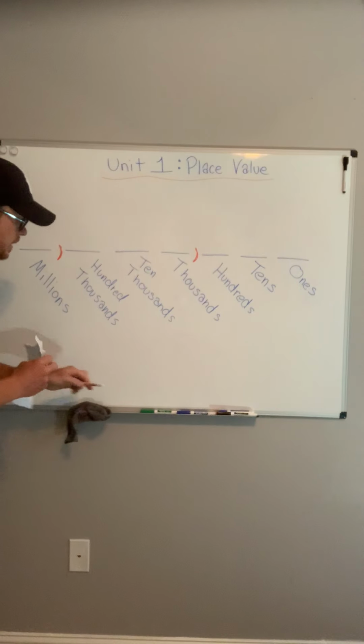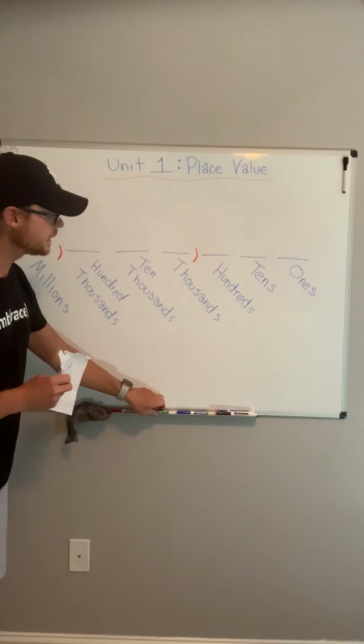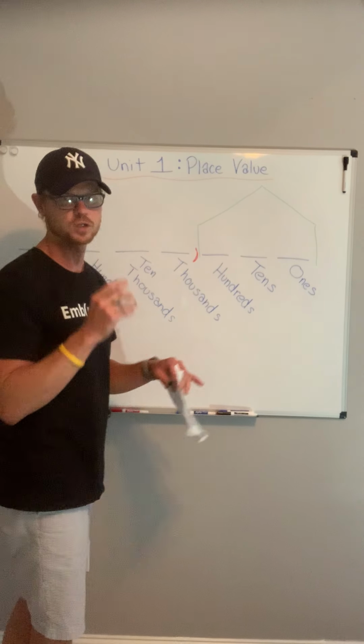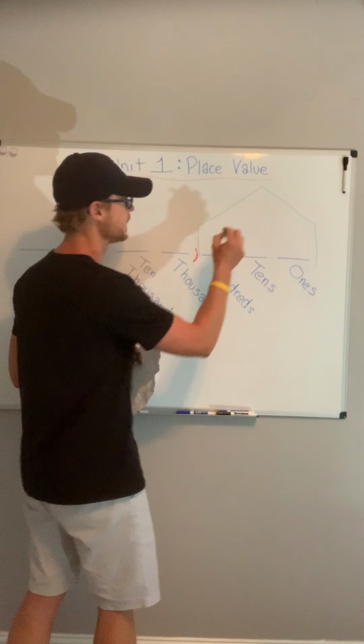Okay? Now, each period or each group of 3 has a name. If I put a little house around the first group of 3, I have my 1s, 10s, and 100s. They're always named by the first place value. So that's going to be the 1s period.